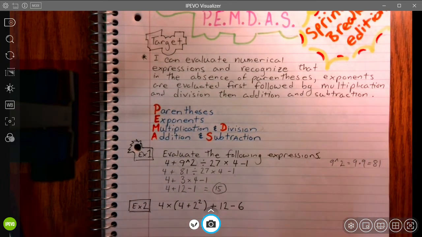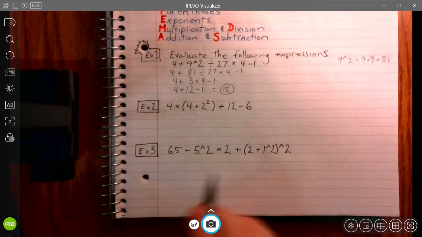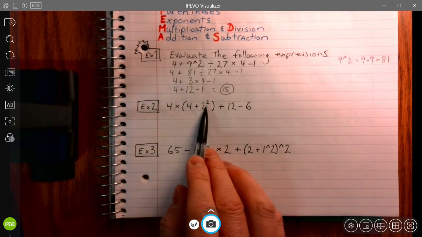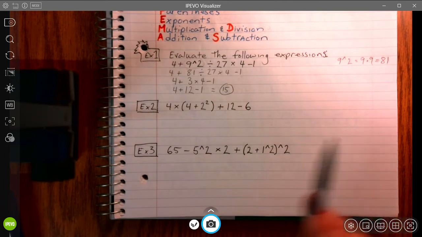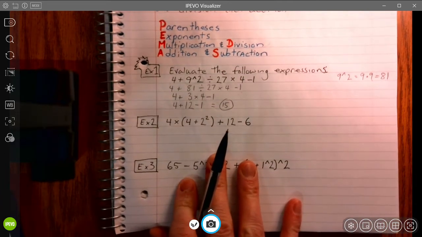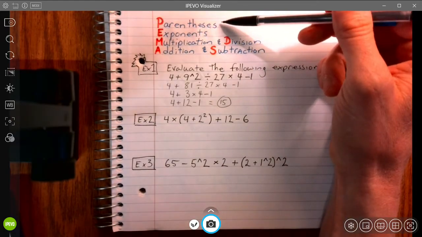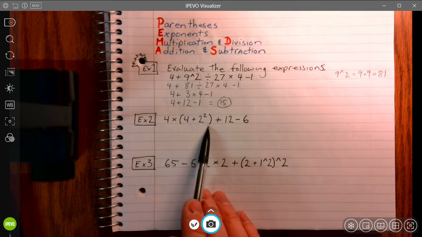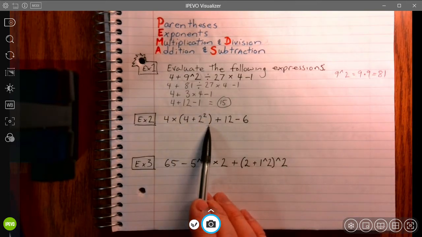Let's take a look at another one: 4 times the quantity 4 plus 2 squared, plus 12 minus 6. This is a good one. So, using PEMDAS, I go through and ask myself, are there parentheses? There sure are. So I have my parentheses. Are there parentheses within the parentheses?